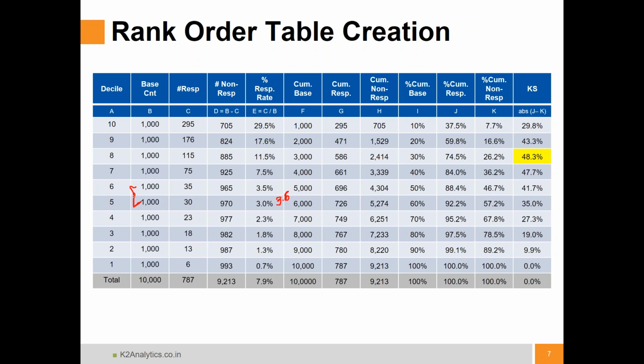Somewhere around the 4th, 5th decile, this problem can occur again. This problem is occurring because of small numbers. So here 30, 23. For example, instead of 18, you get 24. If you get 24 here, just because of one case, this 2.3 will become 2.4?